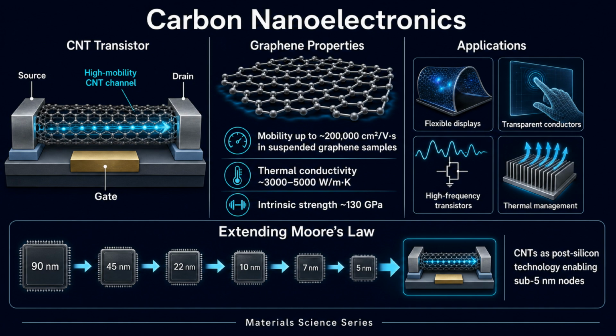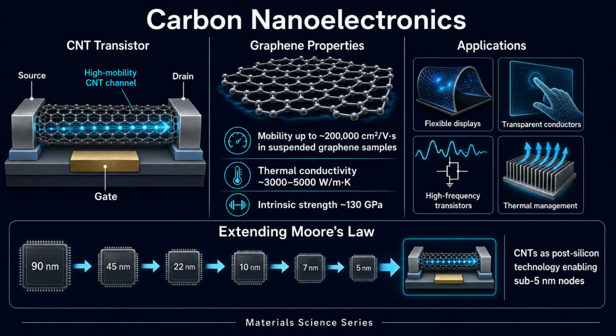Graphene's extraordinary properties, including electron mobility of 200,000 square centimeters per volt second and thermal conductivity of 5,000 watts per meter Kelvin, make it attractive for many applications. High-frequency transistors exploit graphene's mobility for RF electronics.